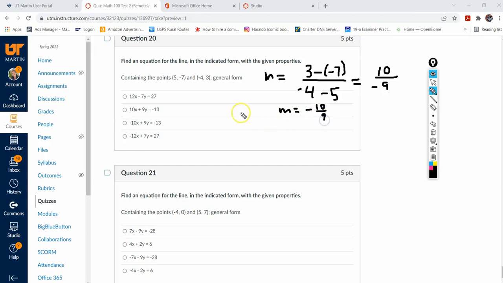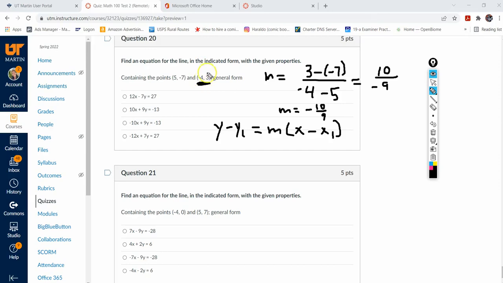So I'm going to have to use the point slope version. Okay, so you can choose a point. It does not matter which one you choose. Okay, so I might choose this one.